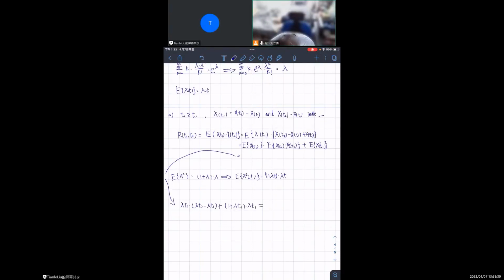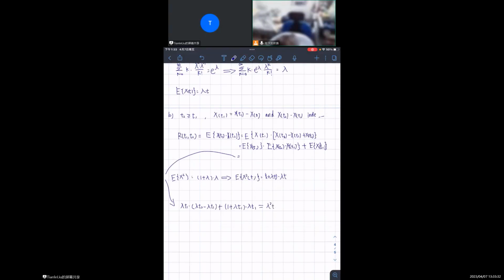This becomes lambda squared t1 t2 minus lambda squared t1 squared, plus lambda t1 plus lambda squared t1 squared, and after elimination we will have lambda squared t1 t2 plus lambda t1, which, bringing the lambda out, is lambda times (lambda t1 t2 plus t1).